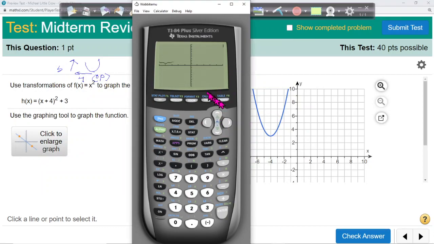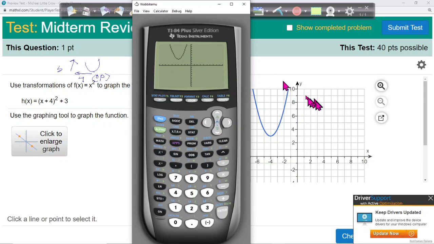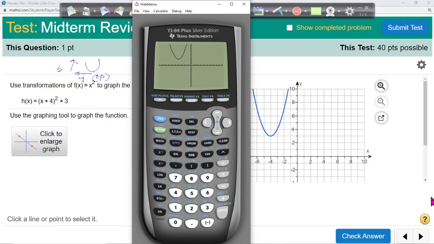It happens. Let me go for a zoom standard. And yeah, I'm in the right place. I didn't move it the wrong way, so it's worth doing a check. I recommend you use a graphing calculator. Check it out.